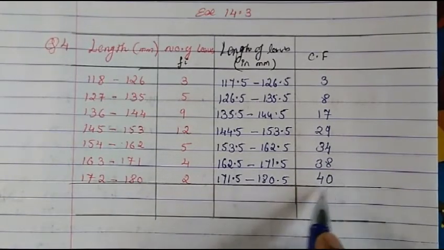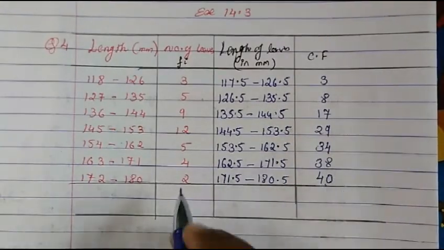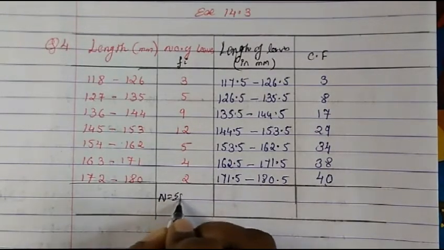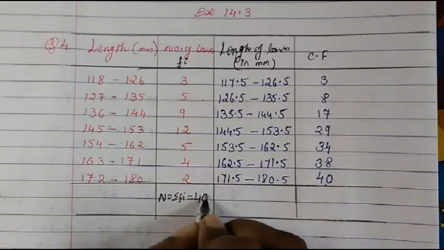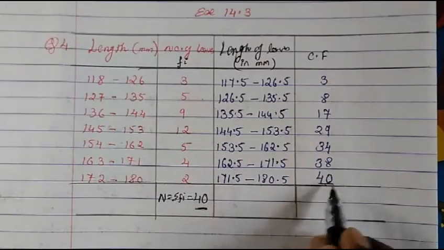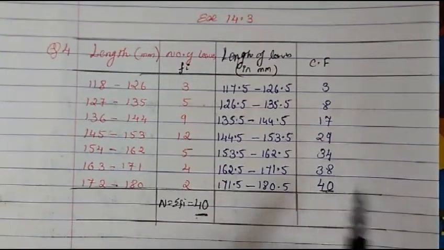You see the last value, total 40 leaves. So the last value of CF will be the same as capital N, the sum of fi, which is 40. This value and this value should match. Then only you can say you are on the right track.